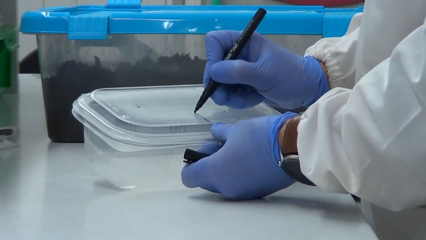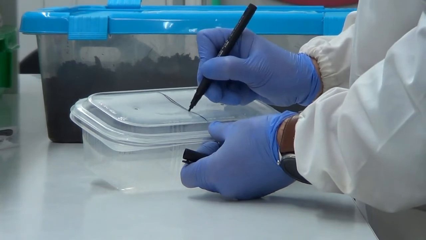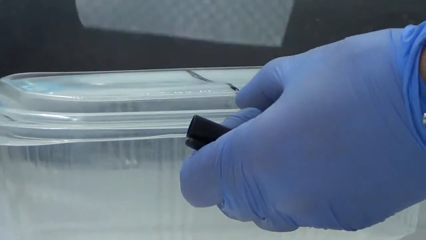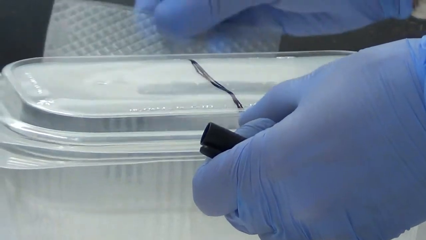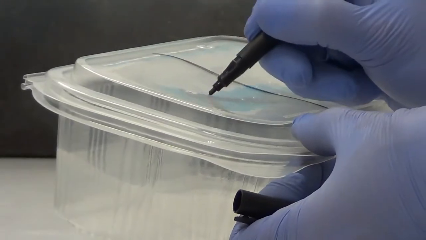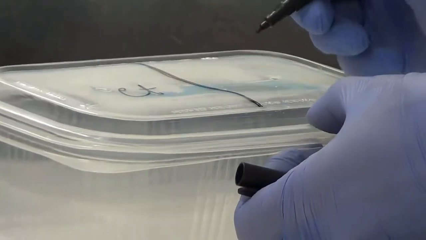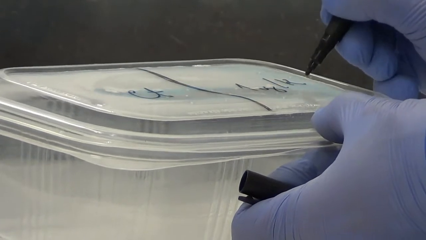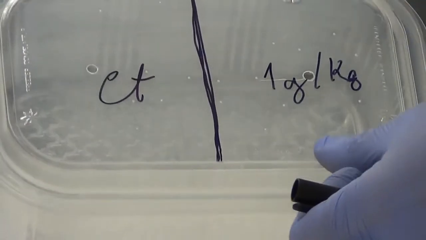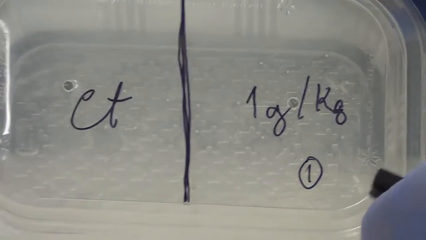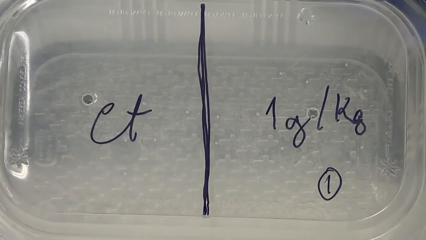Therefore, we should start to divide the replicate in order to know exactly where to insert our card divider in the box when we want to finish and start the tests, and then write the soil that we have in each side of the replicate. Okay, and then the number of the replicate, and that's it. This is sufficient.